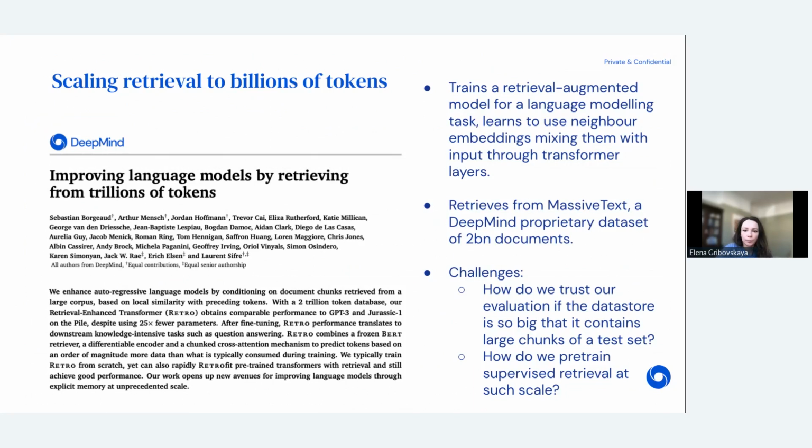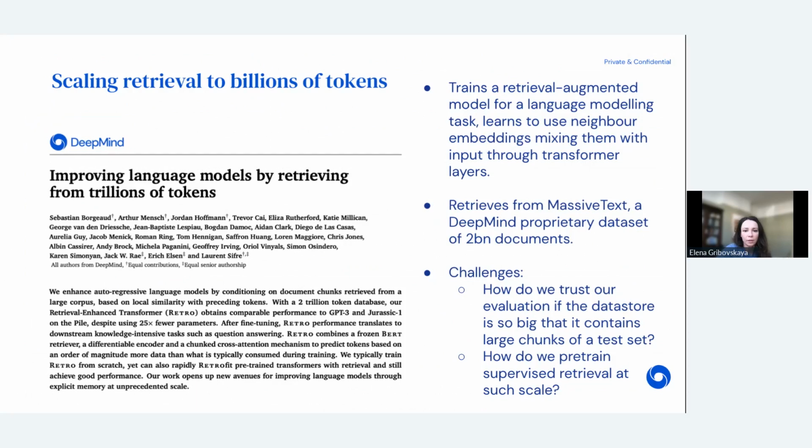One is how do we go about evaluating the results? Once our data store becomes so big that it potentially contains large chunks of the test set, we have to be very careful when interpreting our results. And the second challenge: how do we pre-train supervised retrieval at such scale?